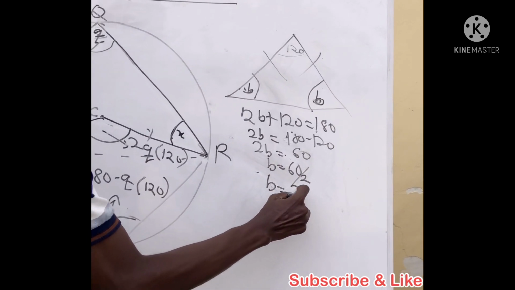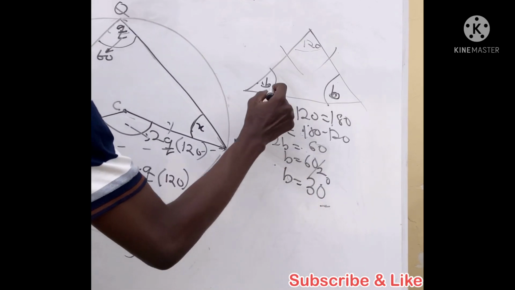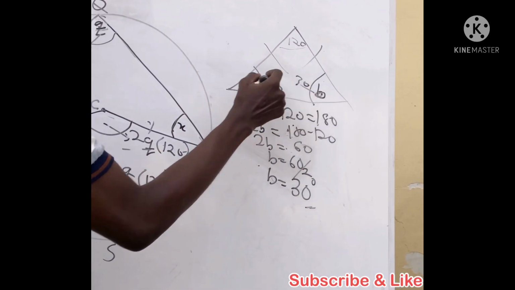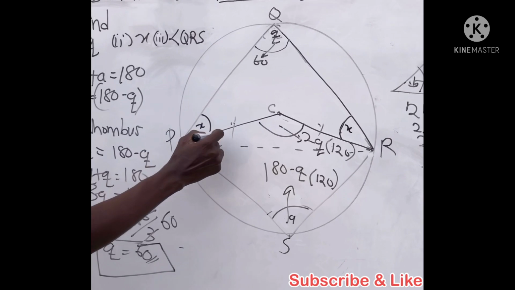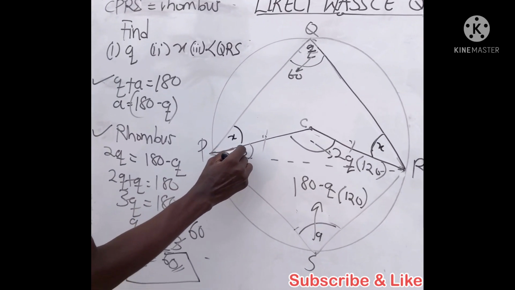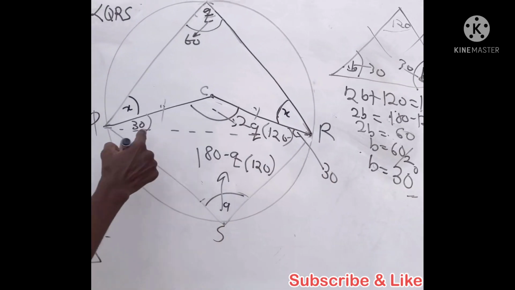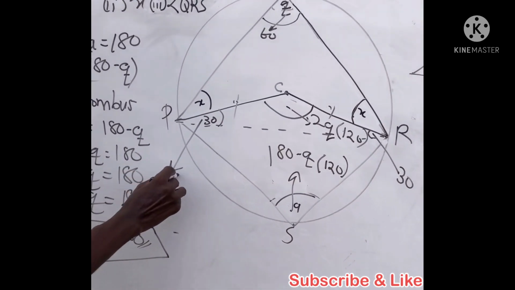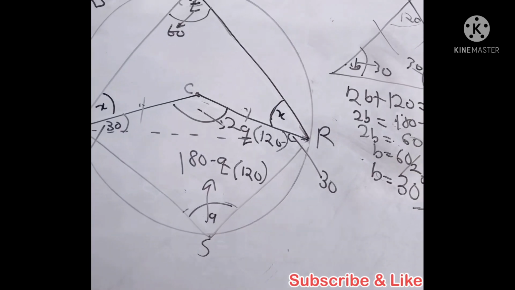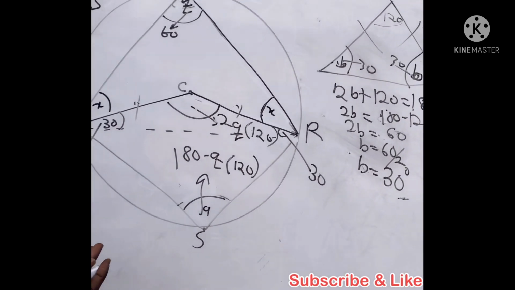B equals 30 degrees. So here is 30, here is 30. Therefore, in our diagram, the angle here is 30. Likewise, the angle here is 30. And here is 30.